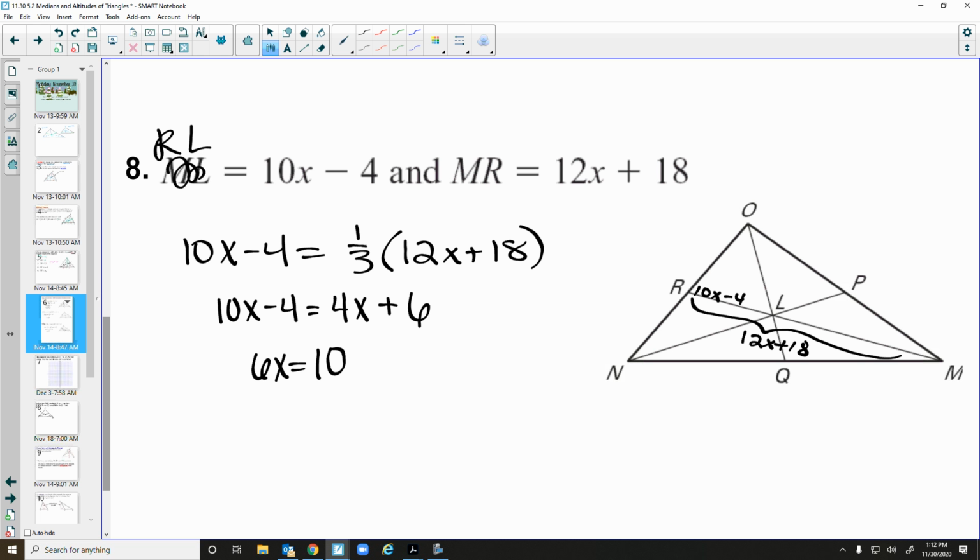Good so far? 5/3 is your answer? Okay. So those are little practices for going from the whole median to the two different segments, whether it's the 2/3 or the 1/3 relationship.